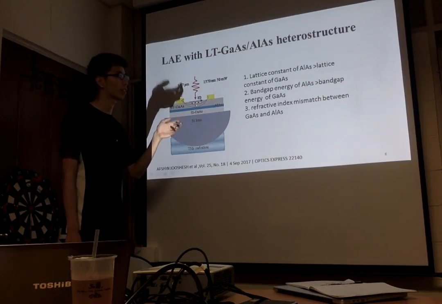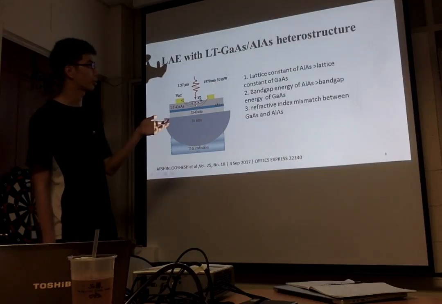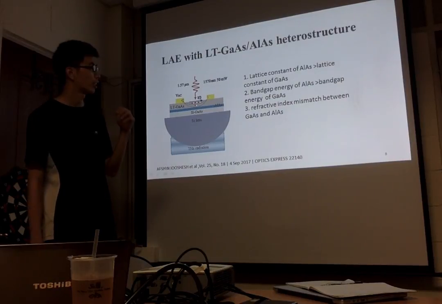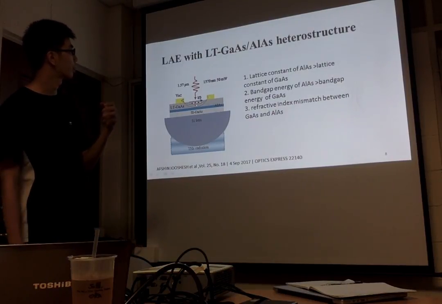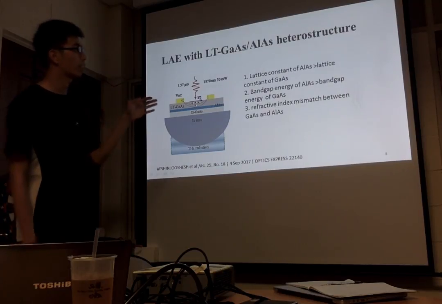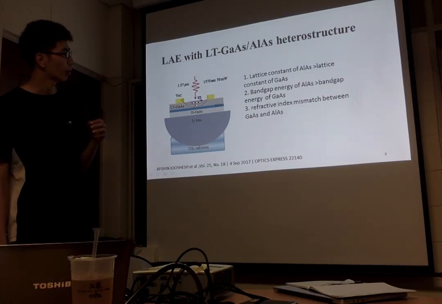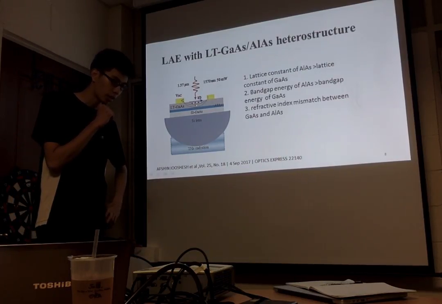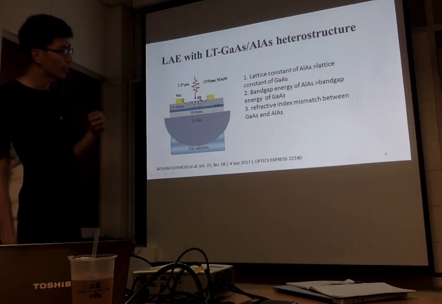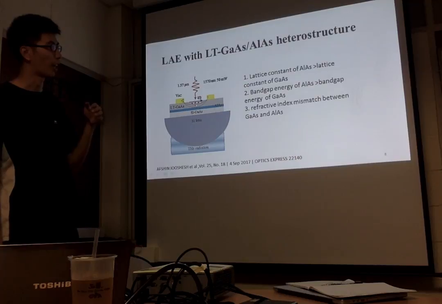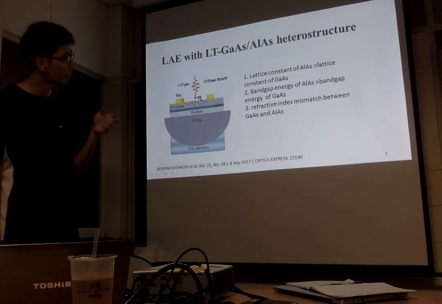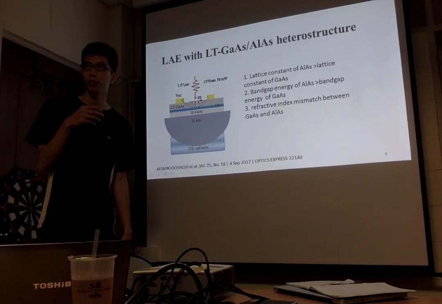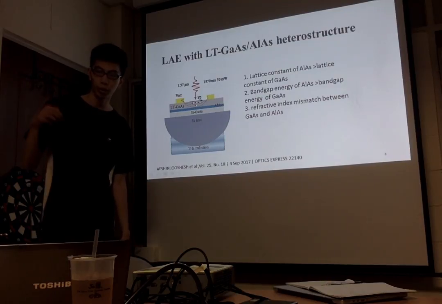Arsenide has a larger lattice constant than gallium arsenide, and you have excess arsenide, and arsenide becomes the mid gap trap.